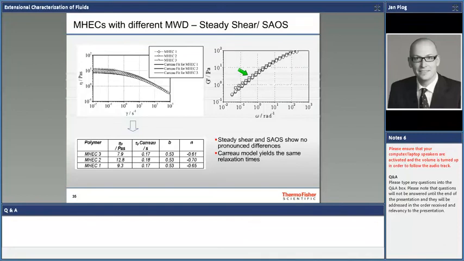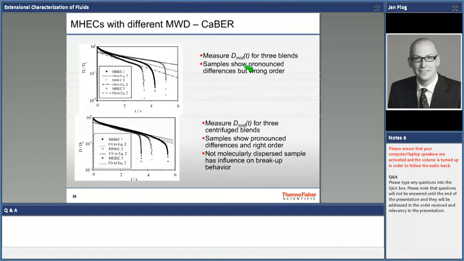Those samples were used as thickener agents in building materials, so plasters that were sprayed onto the substrate. Some of them showed very good behavior, the other ones did not. And again, rheologically, he needed an answer why that is so. In shear and oscillation, we see absolutely no difference.